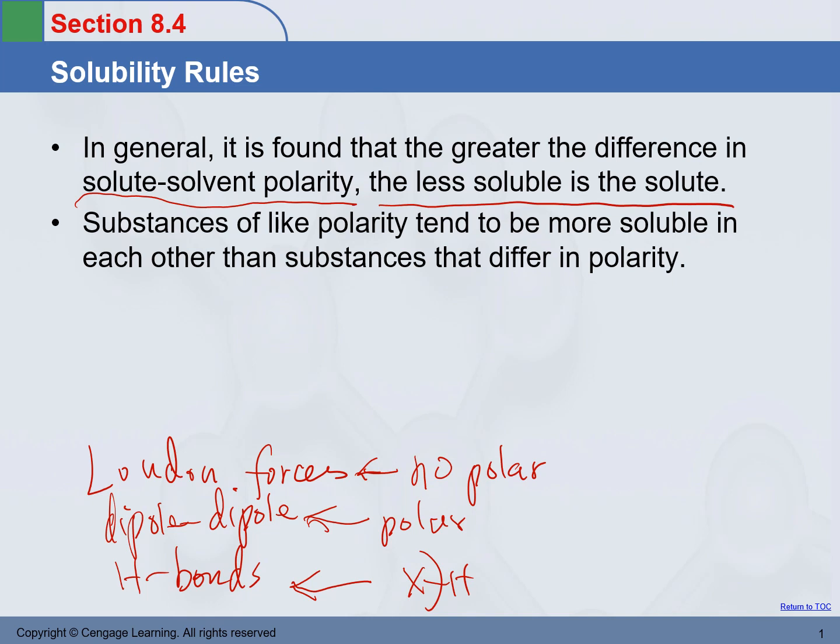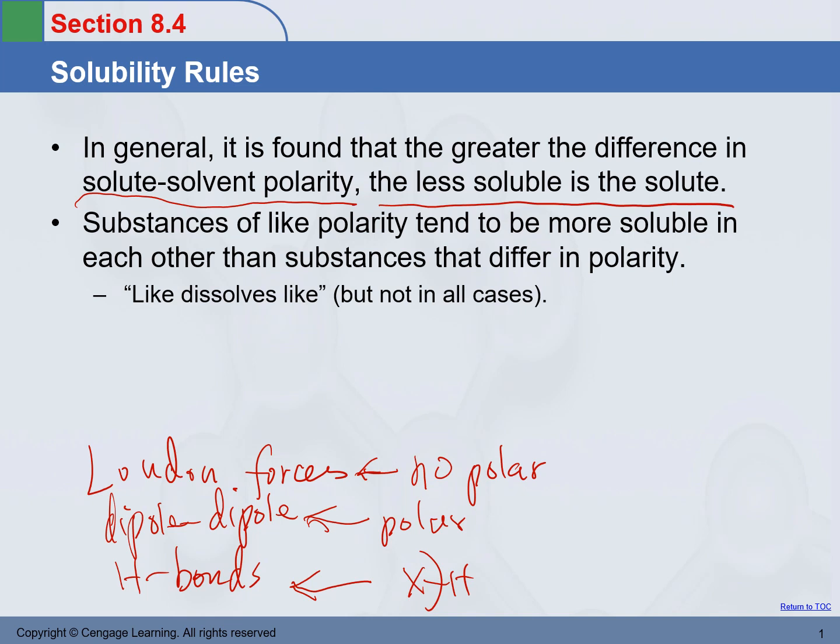All right, so the rule for molecular compounds in regards to solubility is called like dissolves like. Like dissolves like is the solubility rule for molecular compounds. The word like means similar in polarity. Water is a very polar solvent.